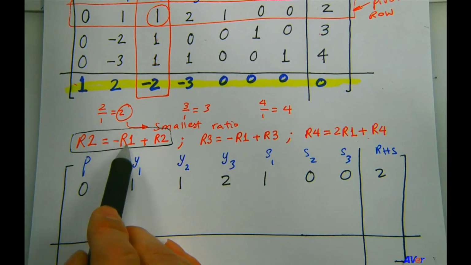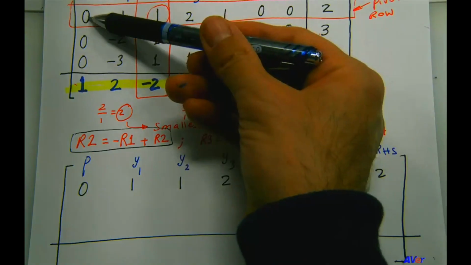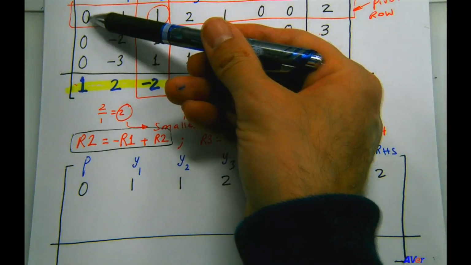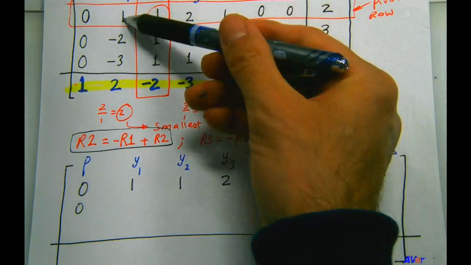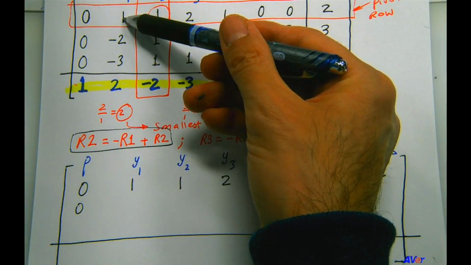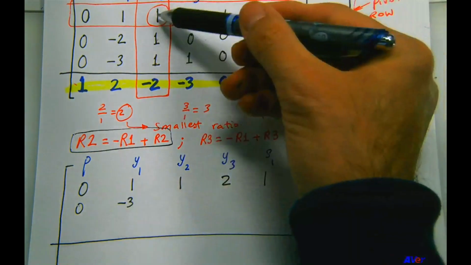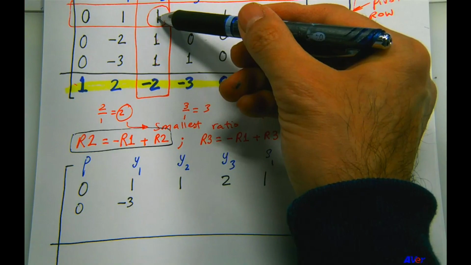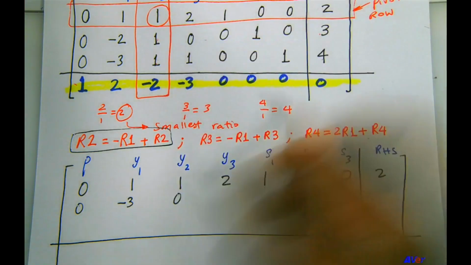Negative 1 times row 1 plus row 2. Let's do that. Negative 1 times 0 is 0, plus 0, 0. Negative 1 times 1 is negative 1, plus negative 2, negative 3. Negative 1 times 1 is negative 1, plus 1, it's 0.